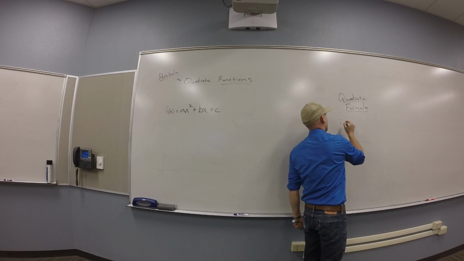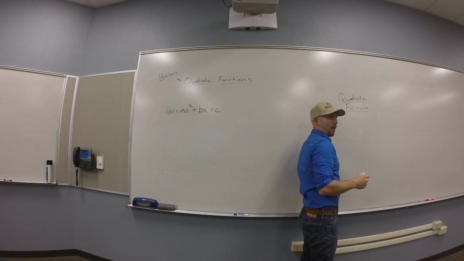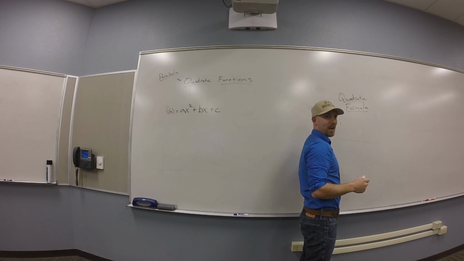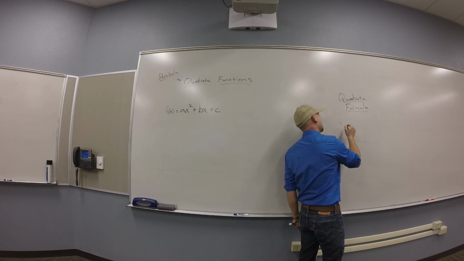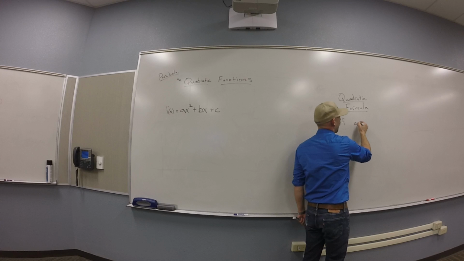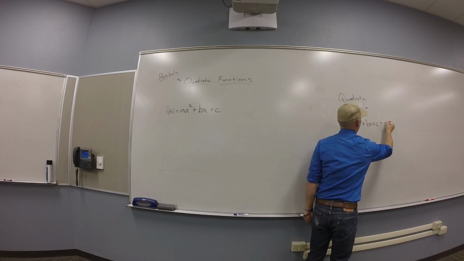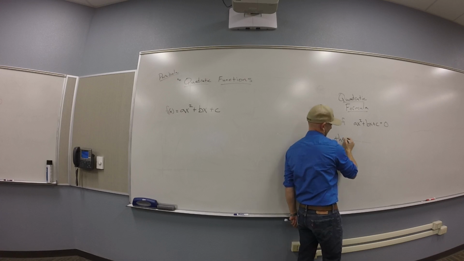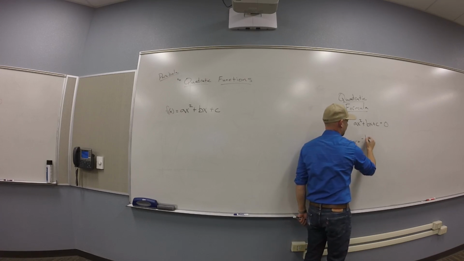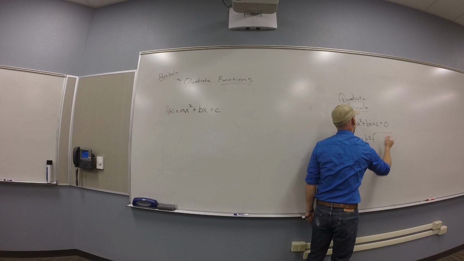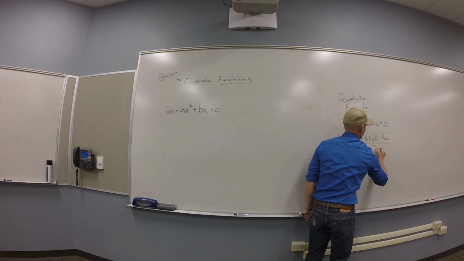It's negative b plus or minus the square root. Oh no, where'd the first half go? If ax squared plus bx plus c equals 0, then x is negative b plus or minus the square root of b squared minus 4ac, all over 2a.